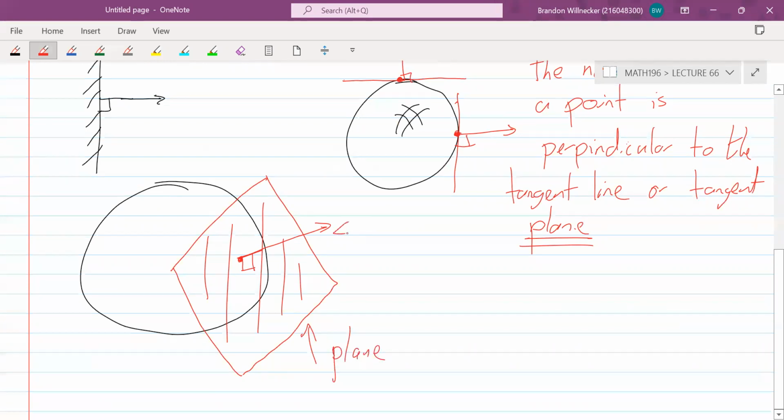And the vector that is perpendicular to the plane, we call that the normal to the plane. The nice thing is that this plane is fully described by the normal. If I give you a normal vector, then you can draw the plane that is perpendicular to it.